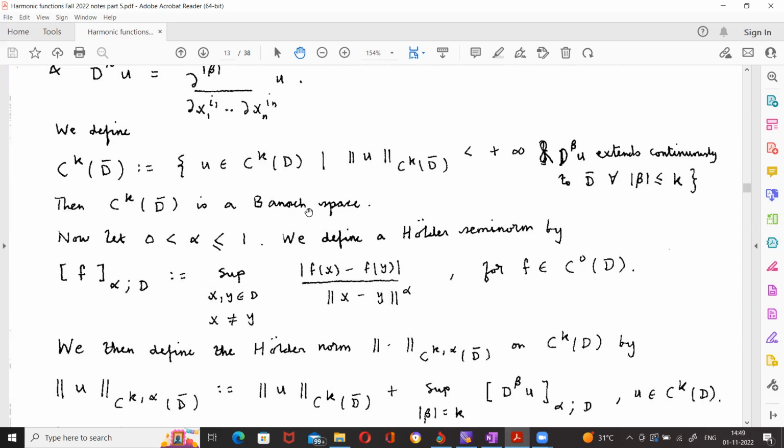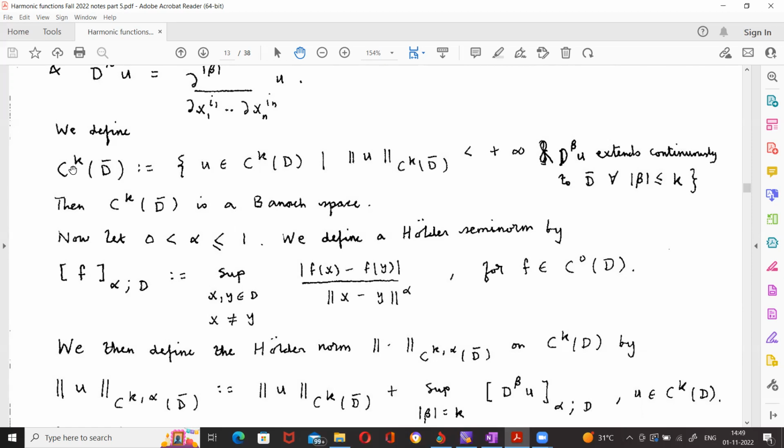All right. Now, what we want is a slight generalization of these CK spaces. So these are going to be the Holder spaces. So CK means that the partial derivatives of order up to k are continuous and bounded and extend to the closure, right?